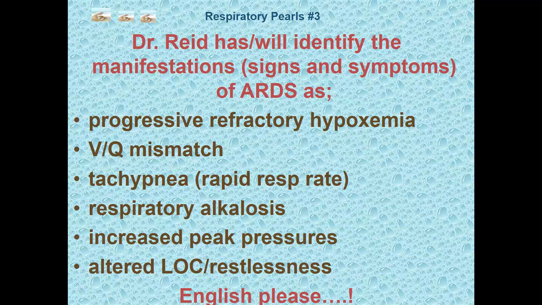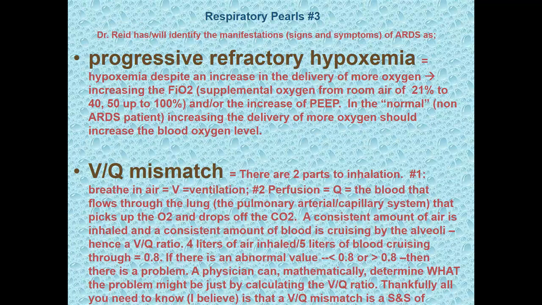If you're an inquiring mind and you're like, well, this doesn't make sense to me, so I want to do a very brief description of each of the problems. Progressive hypoxemia, we have talked about, but it's very important that you get that. If the patient has a low PO2, or oxygen saturation, whatever the case may be, and you get an order from the physician to increase the oxygen delivery, the FiO2, that's supplemental oxygen.